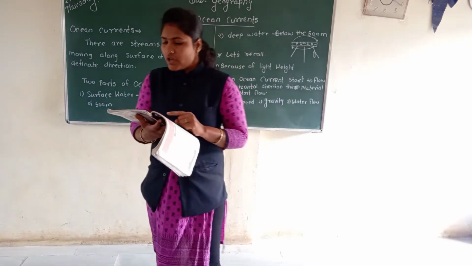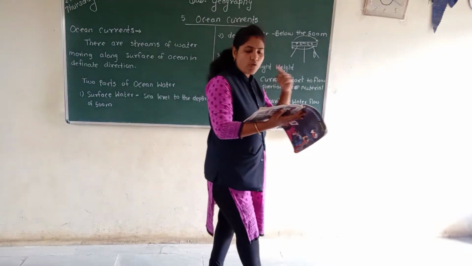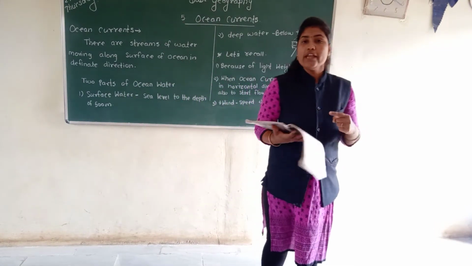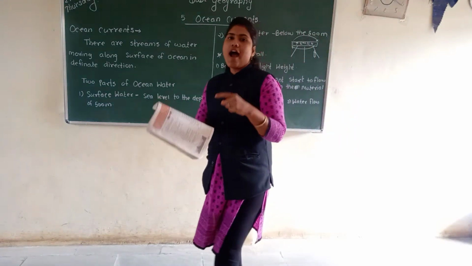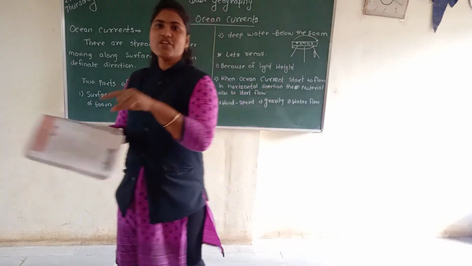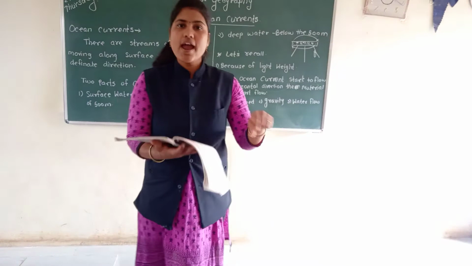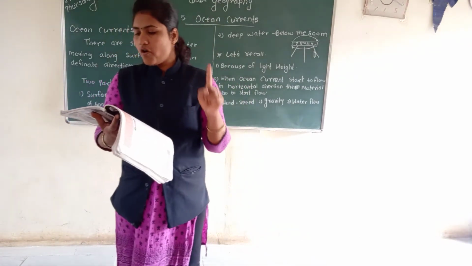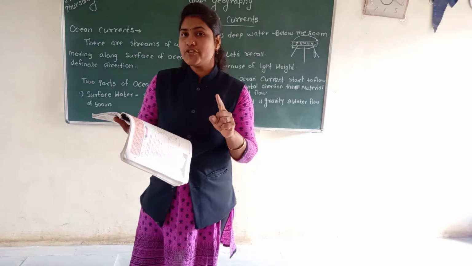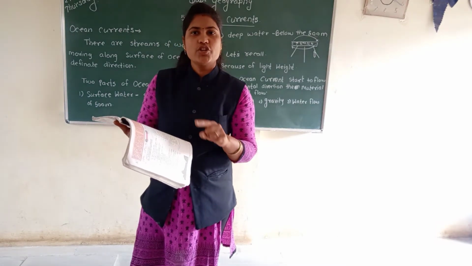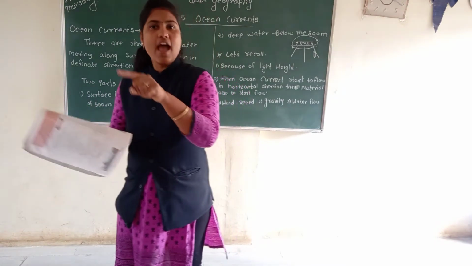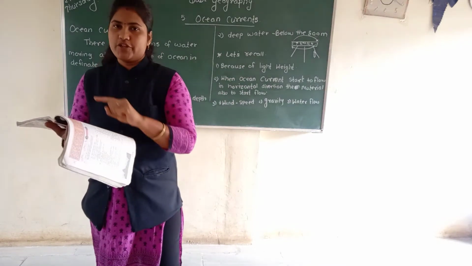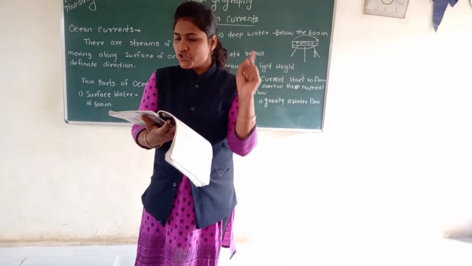Got it? Now the third question is, observe the movement of the spins. How do they move? From high temperature to low temperature to high temperature. It means the spins started to flow in a circular motion.